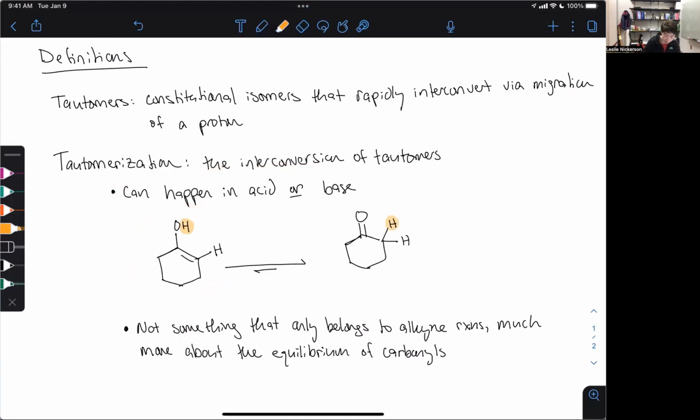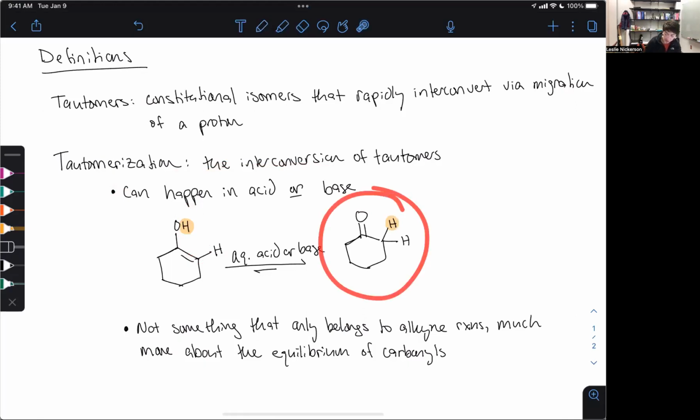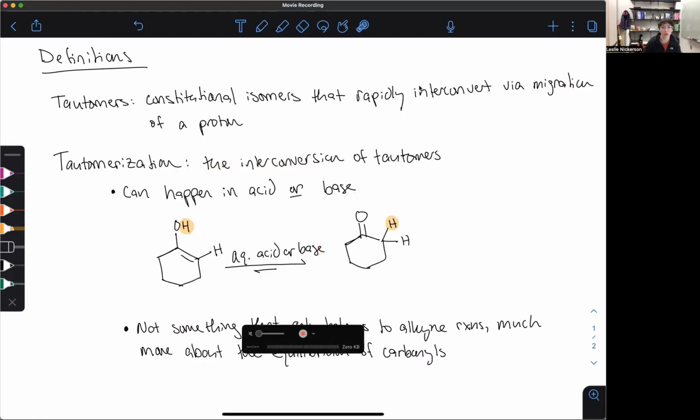So we're really looking at, in fact, two acid-base reactions, where first we're going to have this leave and we have to have something add here. That is our tautomerization. This can happen in aqueous acid or base. And we talked in class about the preference of the ketone product.